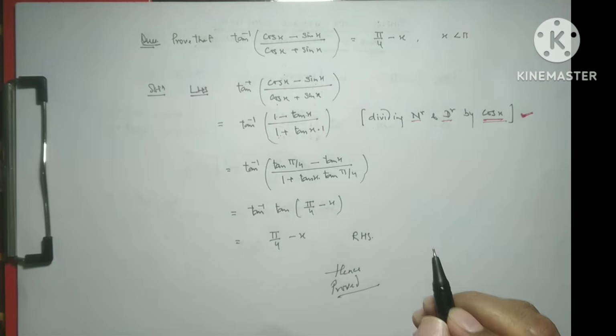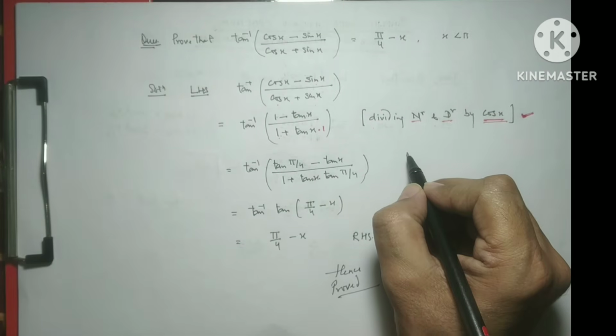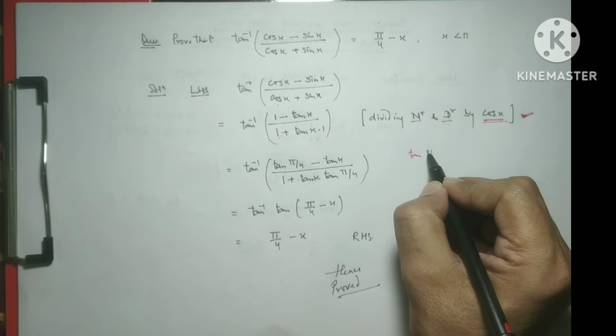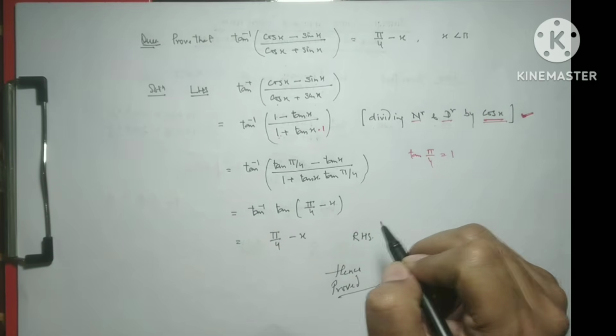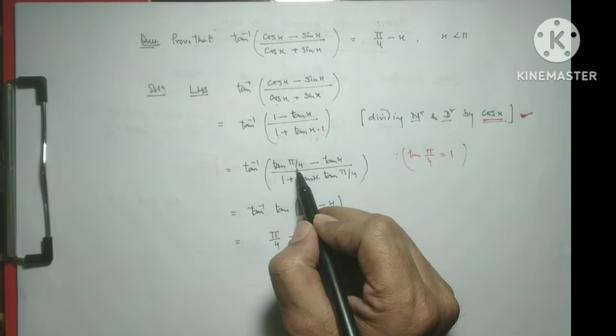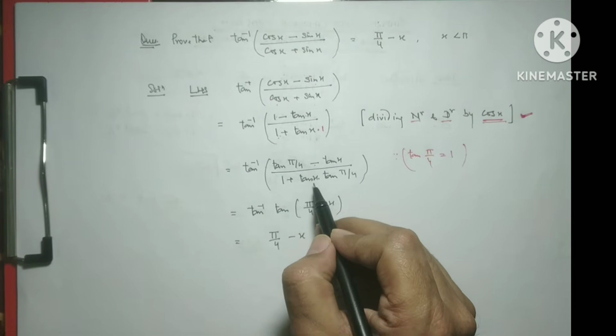We will multiply with 1, and we know very well that tan pi by 4 is 1.